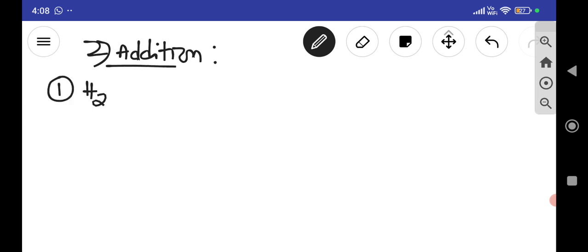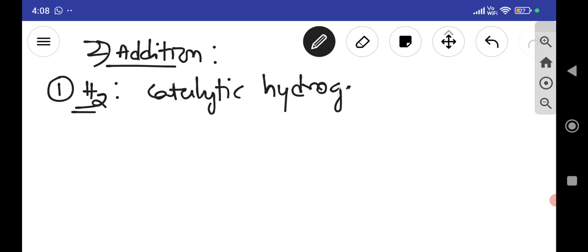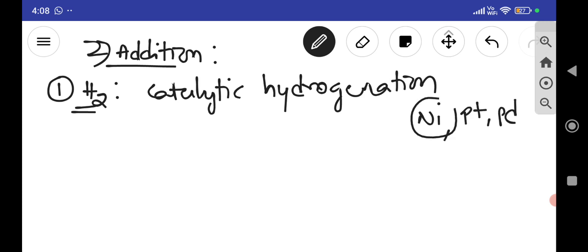Second reaction, the characteristic reaction, is the addition reaction shown by unsaturated compounds like ethyne. First one, add hydrogen. This is done in the presence of a catalyst, so you also call it catalytic hydrogenation. Once again, you know very well, catalysts are nickel, platinum or palladium. If you are taking nickel, you have to heat this.